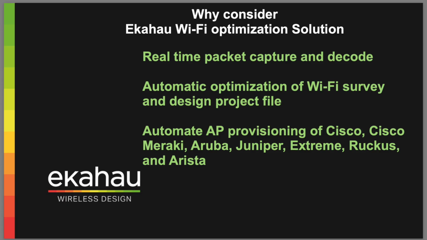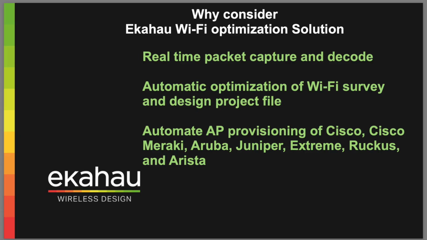Also, there are other features built into the Wi-Fi optimization solution. We can do real-time packet capture and decode, which is very important for Wi-Fi. We can do automatic optimization of Wi-Fi survey and design project files.